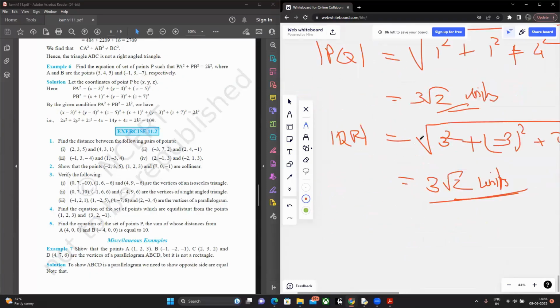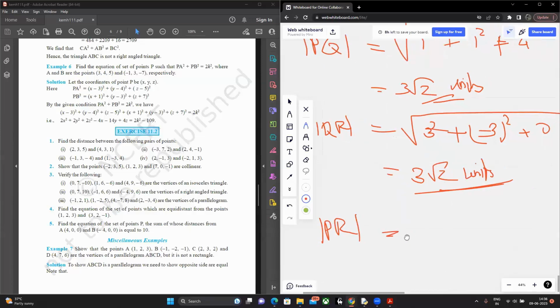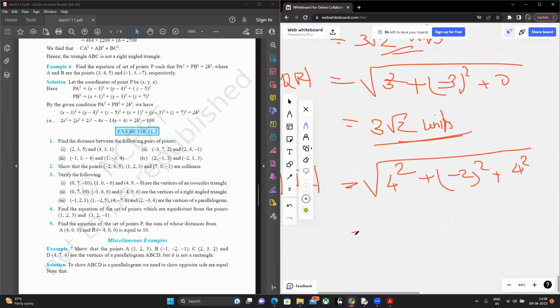You have PQ and QR being 3 root 2 units, and then you have mod PR being square root of (0 minus 4) squared, that is 4 squared, plus (7 minus 9), that is minus 2 squared, plus (10 minus 6), that is again going to be 4 squared, which, since we have done this calculation before, is basically 6 units, right?